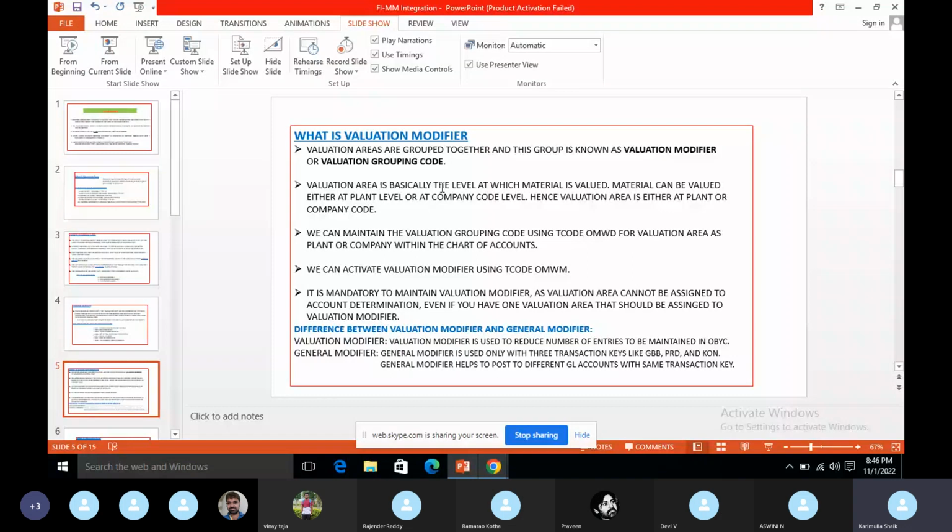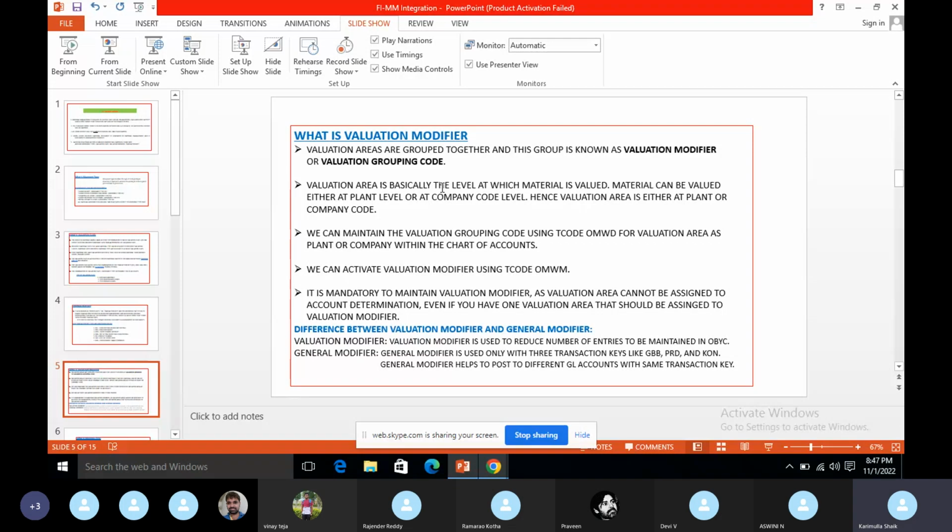We can maintain the valuation grouping code using T code OMWD for valuation area as plant or company within the chart of accounts, and we can activate this valuation modifier using T code OMWN. It is mandatory to maintain valuation modifier as valuation area cannot be assigned to account determination. So even if you have one valuation area, that should be assigned to a valuation modifier.